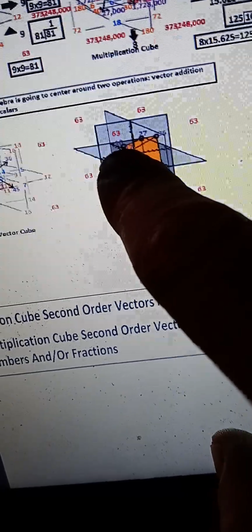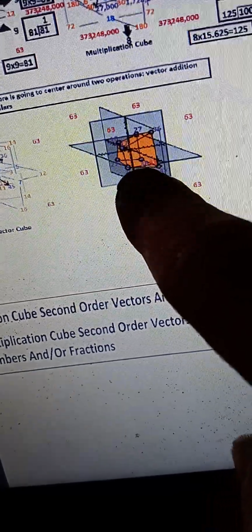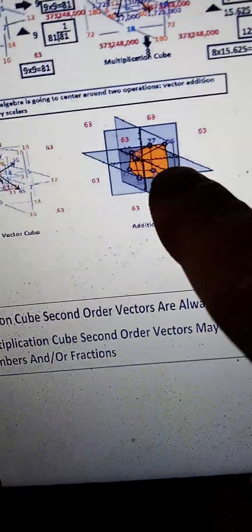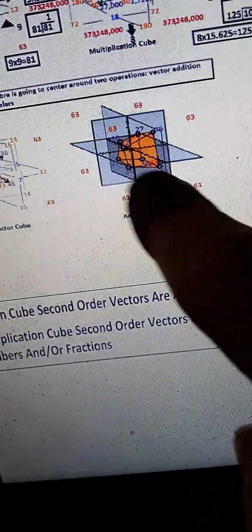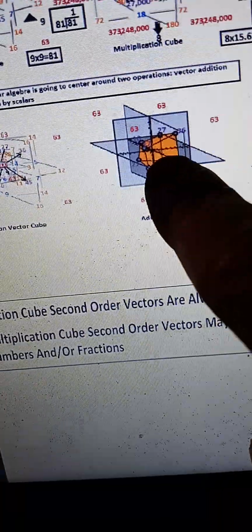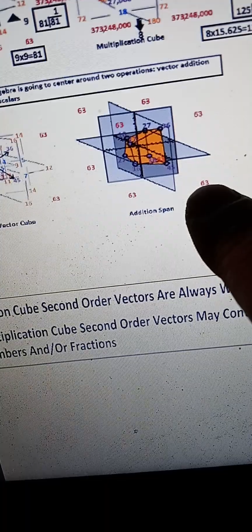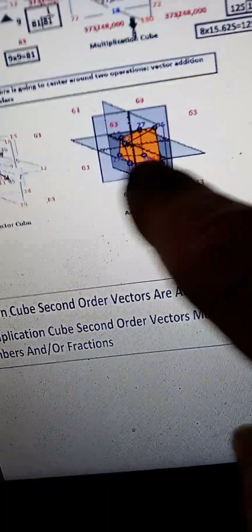Well, I tried to give them the span as accurately as I could, and I can only guess that this three-dimensional span of these vectors, these inner ghost numbers, all add up to 63 in volume, whatever that might be.